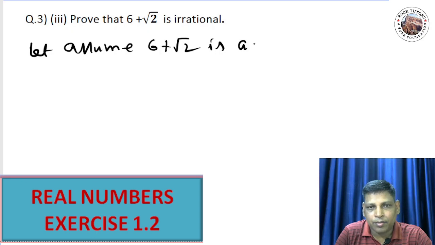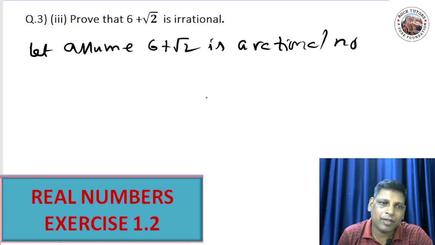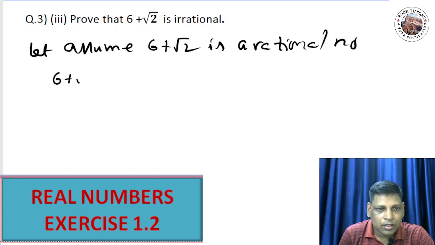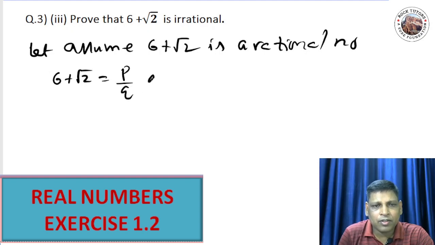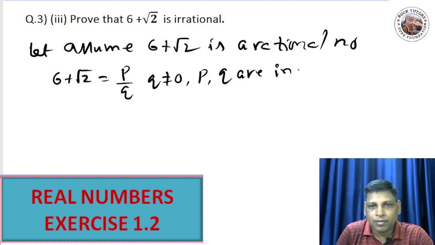Then I can write 6 plus root 2 is equal to p by q. Here q is not equal to 0, and p, q are integers.